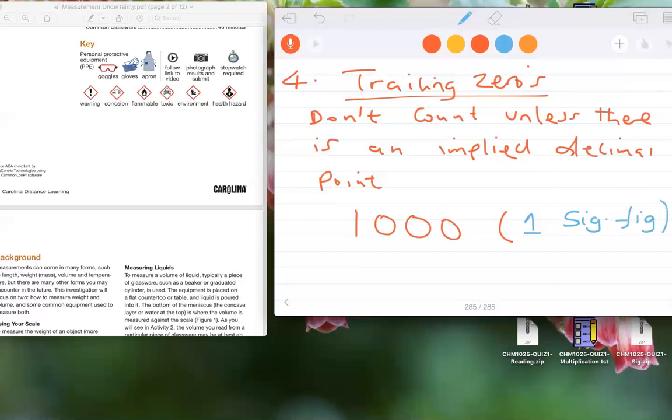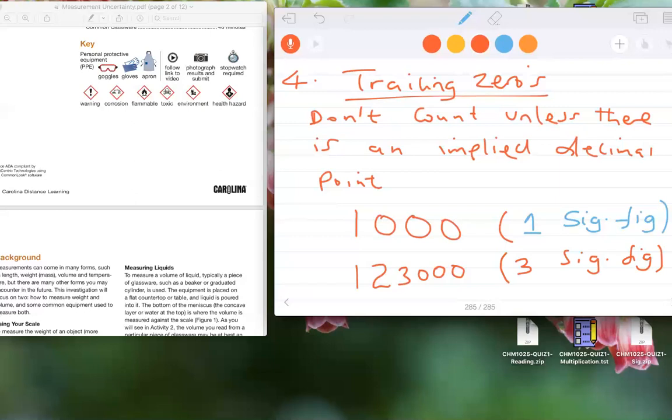A number such as 1, 2, 3, and 0, 0, 0 has three significant figures. There is no implied decimal point.